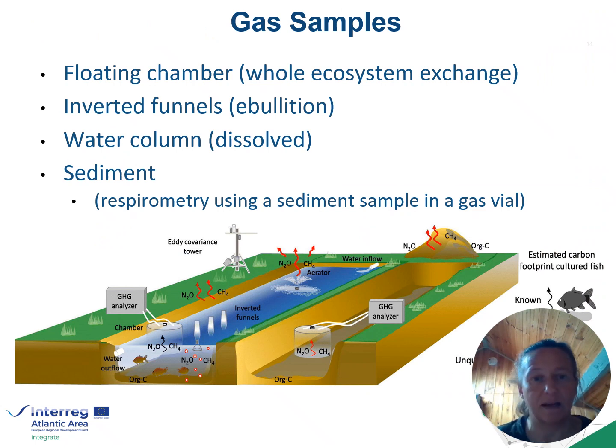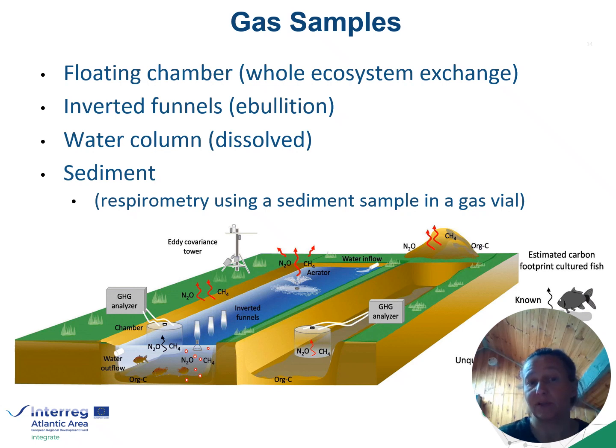Moving on to gas samples, we might utilise a floating chamber to measure whole ecosystem exchange. We can use inverted funnels to get an indication of ebullition events or bubbling events, which are quite random in space and time.